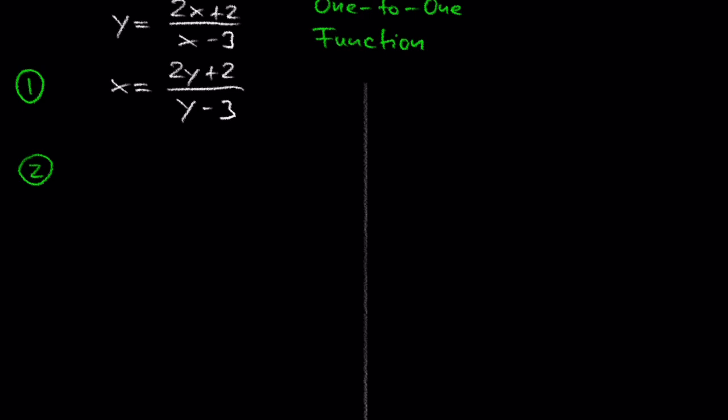Let's get rid of the denominator by multiplying the whole equation by y minus 3.